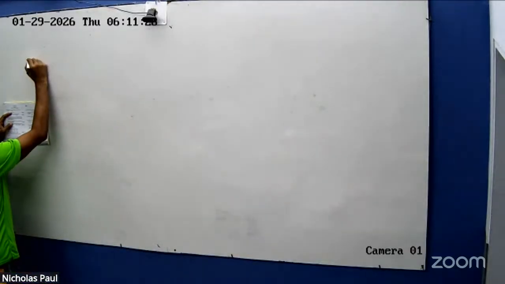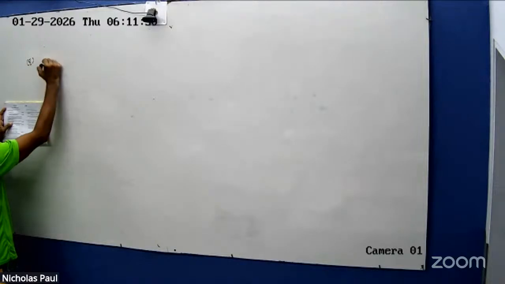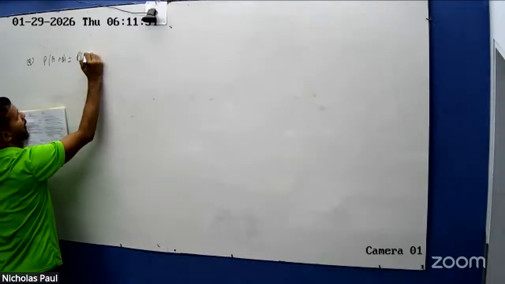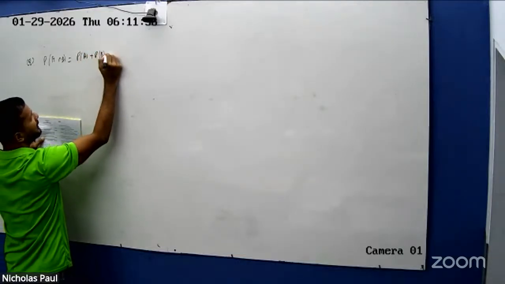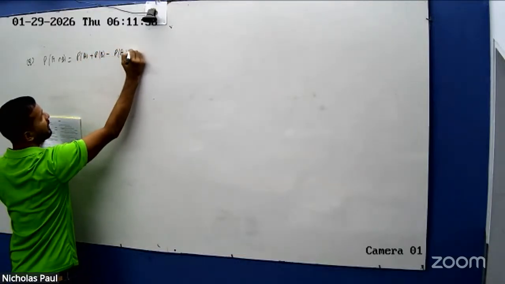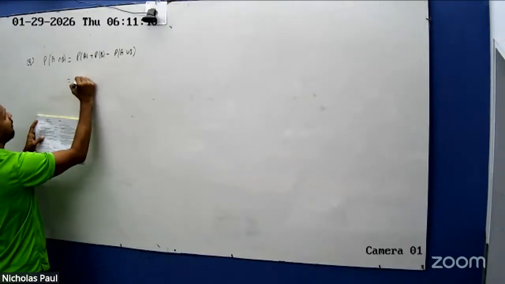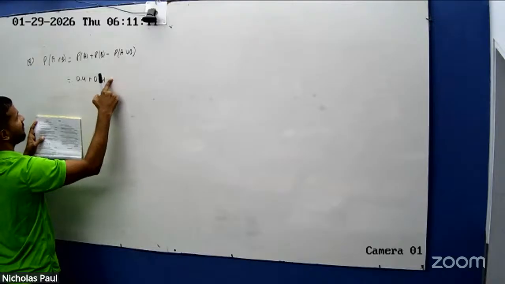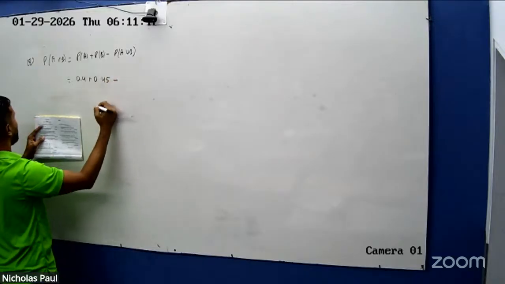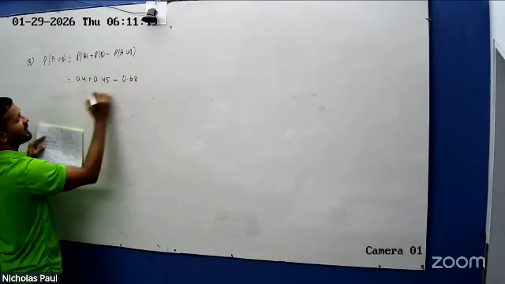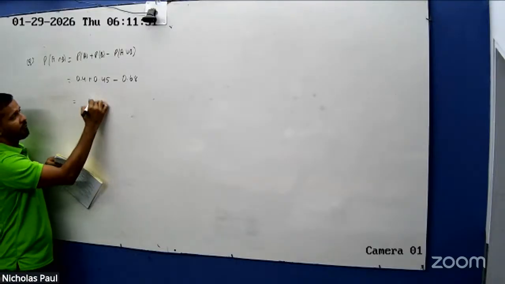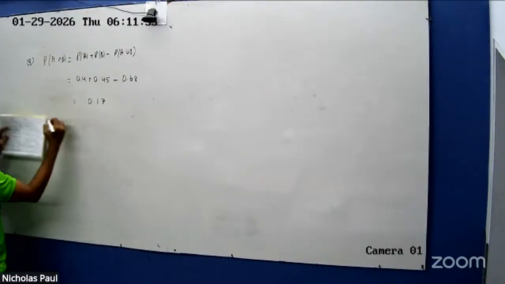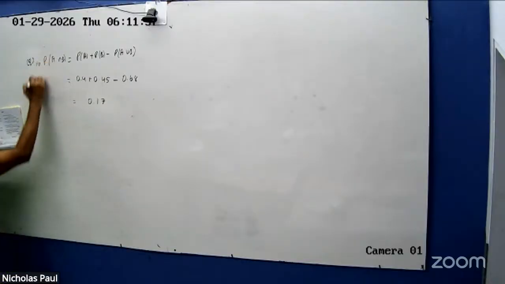Alright, part A should be easy. You want the probability of A and B. That's the probability of A plus the probability of B minus A union B. Right, that's 0.4 plus 0.45 minus 0.68. How much is this? 0.17.